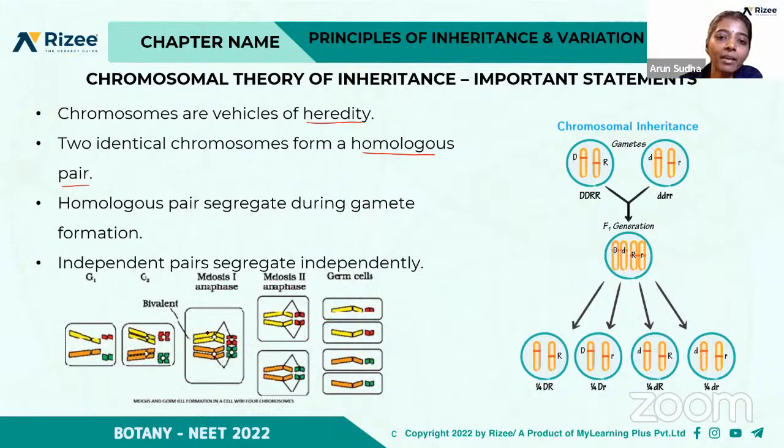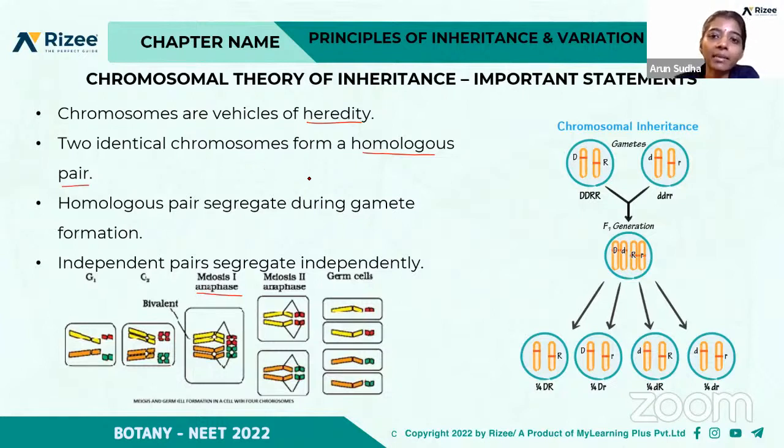We saw everything under cell division, right? So particularly during the anaphase, there occurs a segregation or separation, right? So the homologous pair segregates during gamete formation, and independent pairs segregate independently. So this is what is under the chromosomal theory of inheritance.